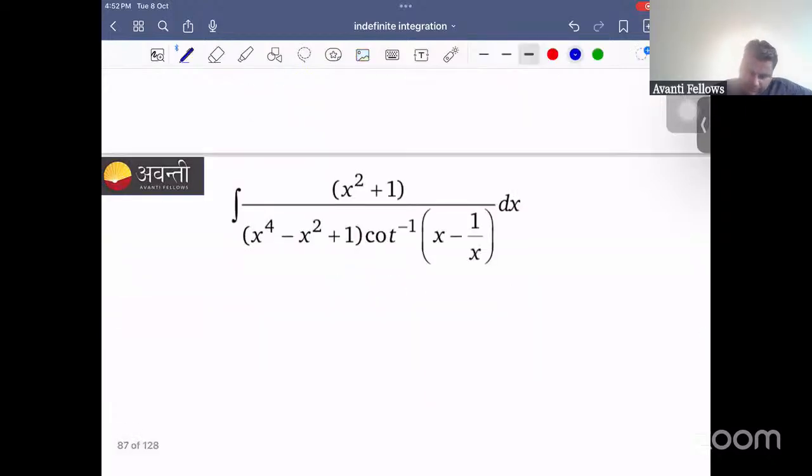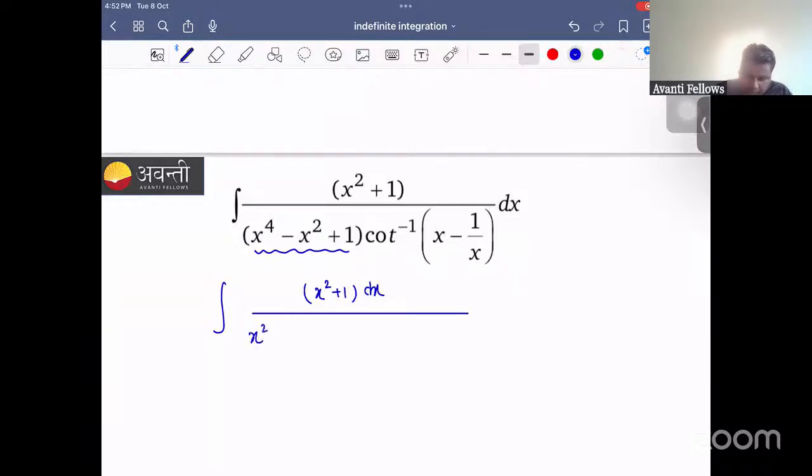Now, if I take x square common from this bracket, numerator is x square plus 1 dx. Denominator is x square outside. It will be x square plus 1 by x square minus 1, cot inverse of x minus 1 by x. Am I correct?